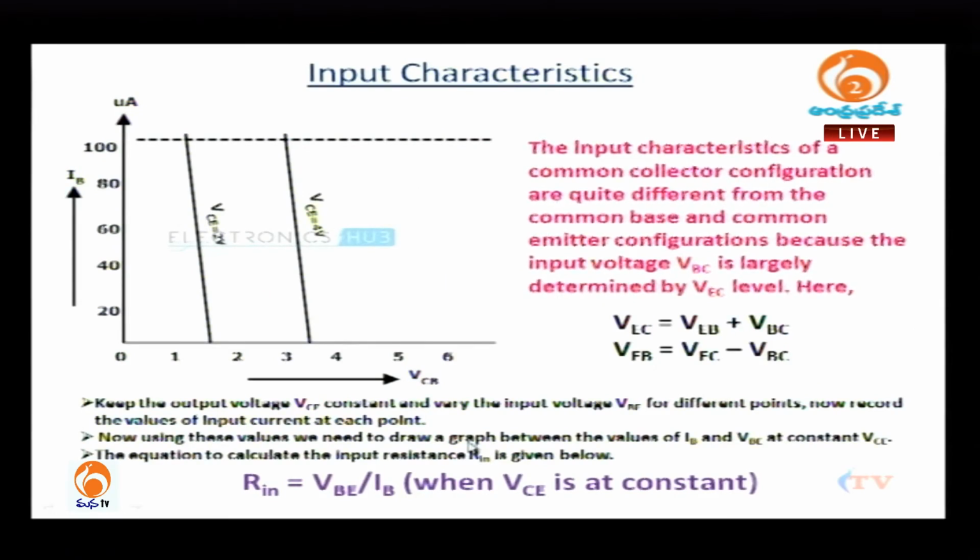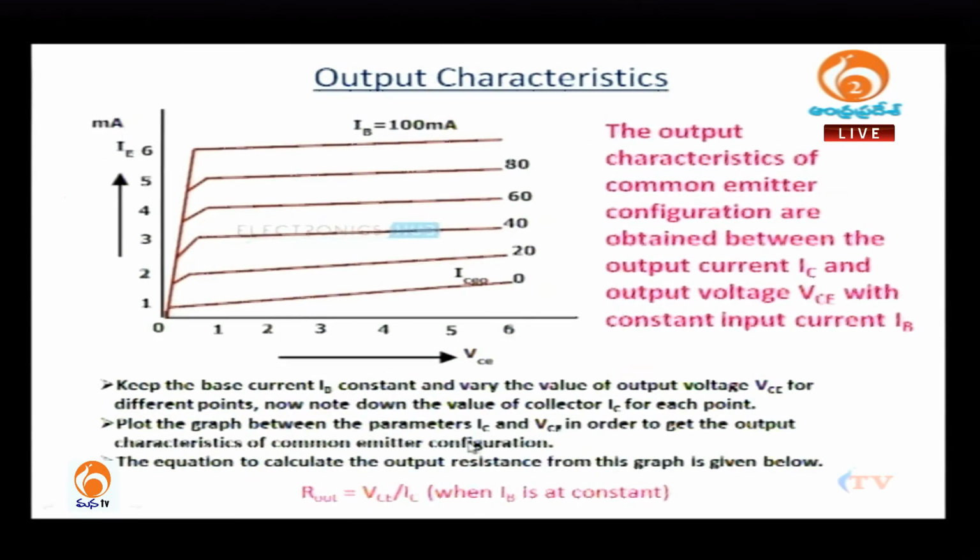At the output we have collector voltage versus emitter current, and the plot is exactly like that of common emitter configuration. The plot is drawn for different values of base current.